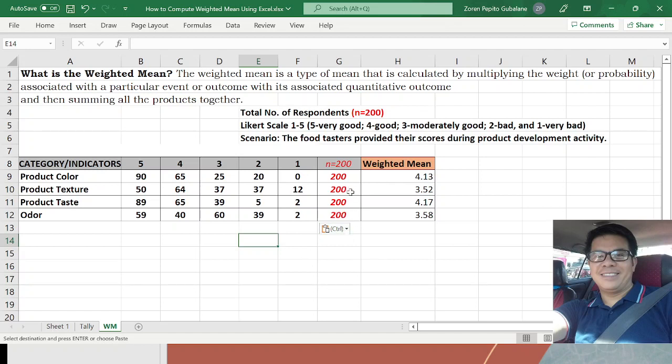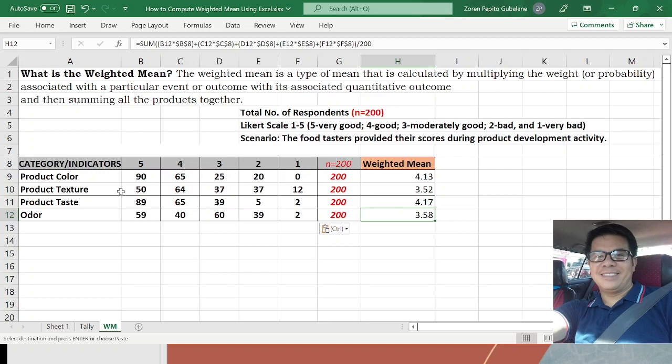So here we have 200, 200, 200, and our weighted mean portion, a while ago, was 0, but now there are already values.